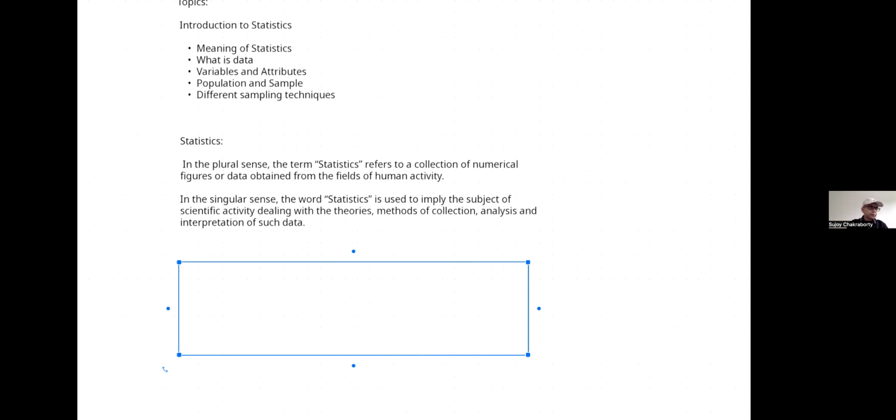So you should write it down. Statistics should be capable of being related to each other so that some cause and effect relationship can be established, right?